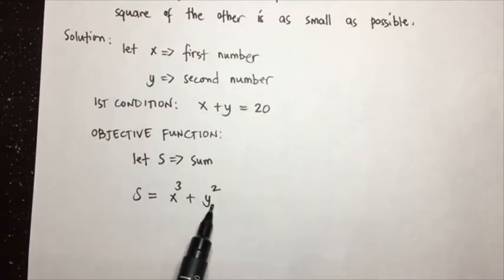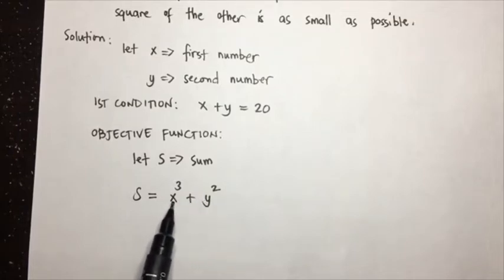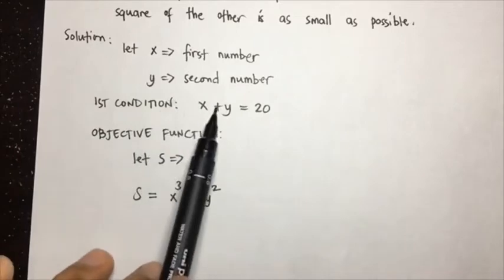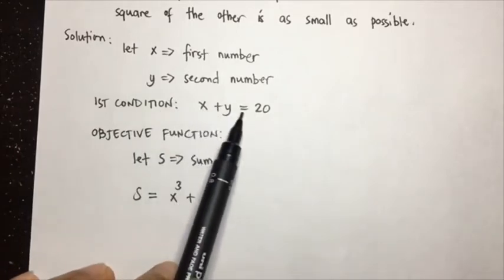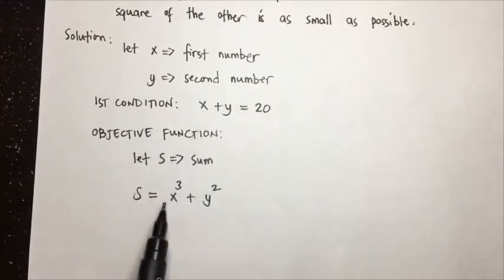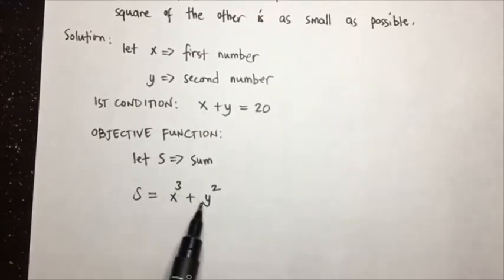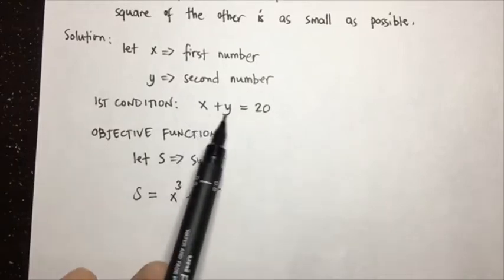We will replace one, using the first condition. From the first condition, x plus y is equal to 20, so we can replace x or y in here using this condition.